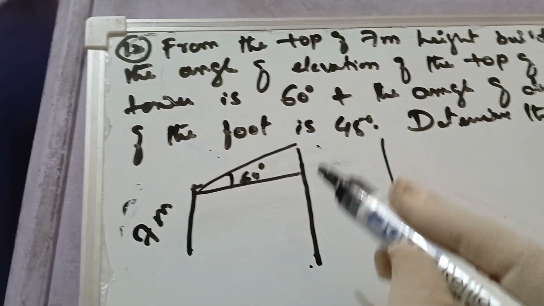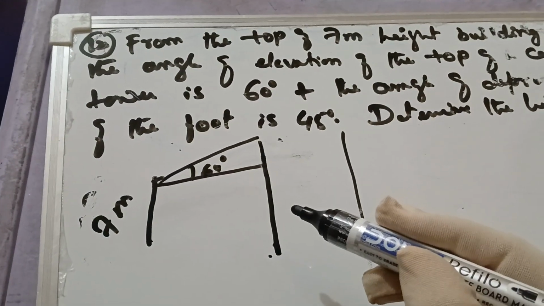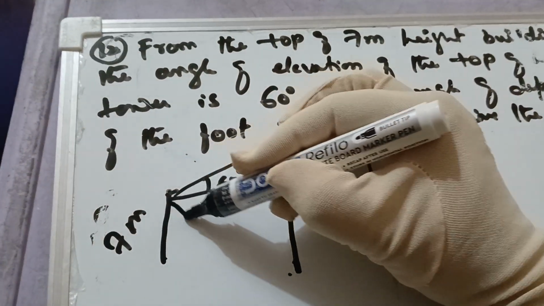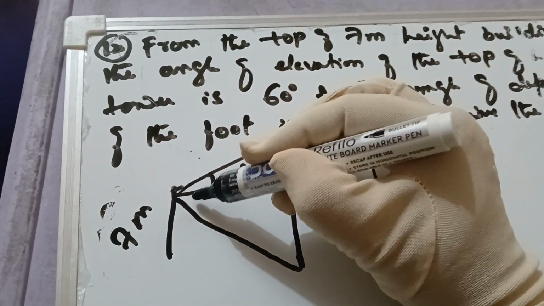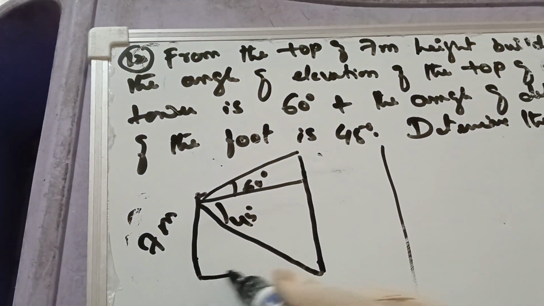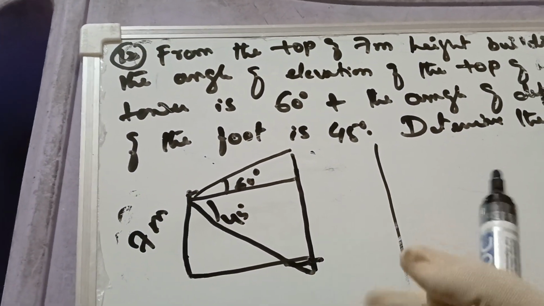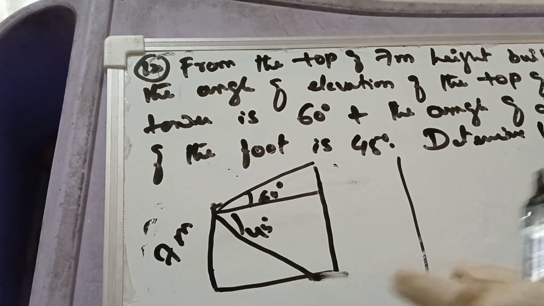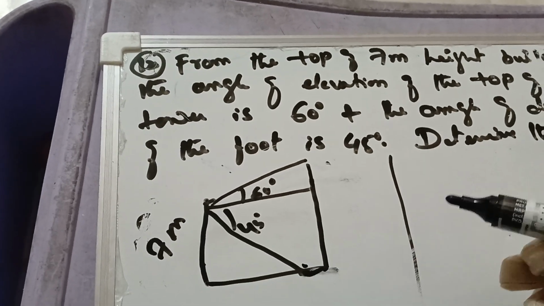And the angle of depression to the foot of the tower is 45 degrees. Clear?